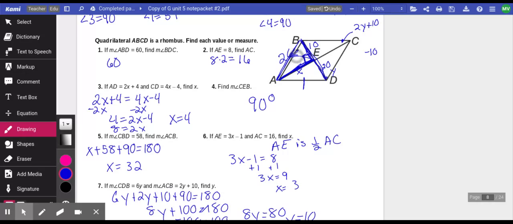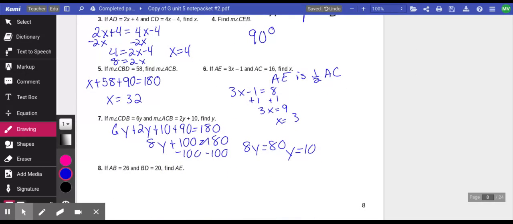26 is c. So I'm going to do a squared plus b squared equals c squared, the Pythagorean theorem. So it's x squared plus 10 squared equals 26 squared, because the right angle always has to be across from the hypotenuse. So it's x squared plus 100, because I square these first, equals 676.